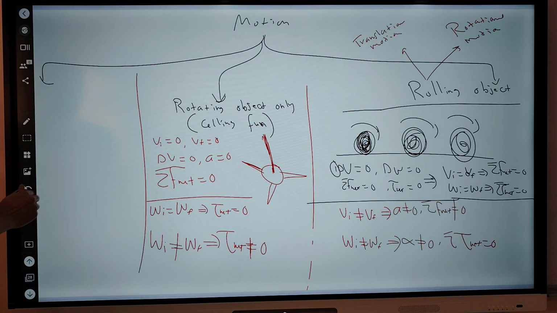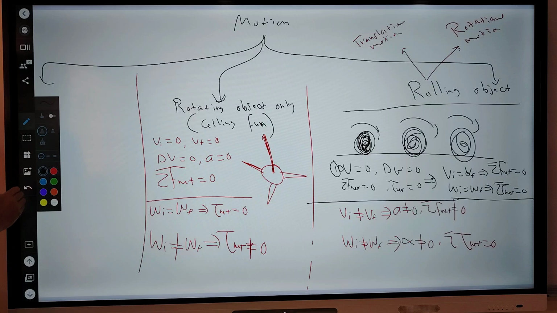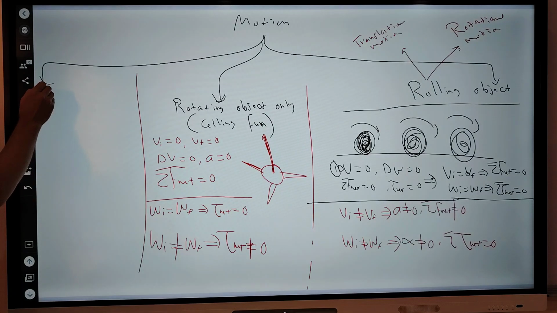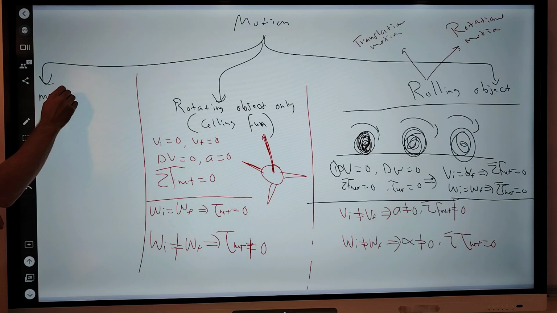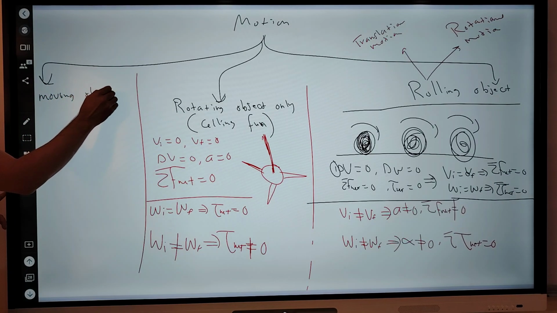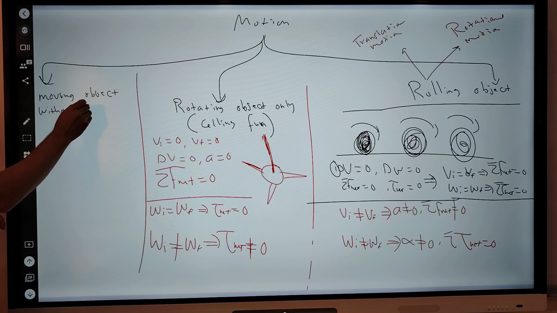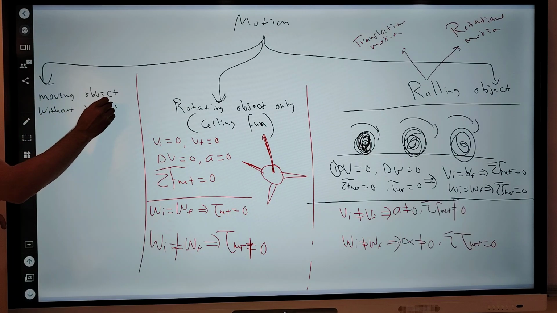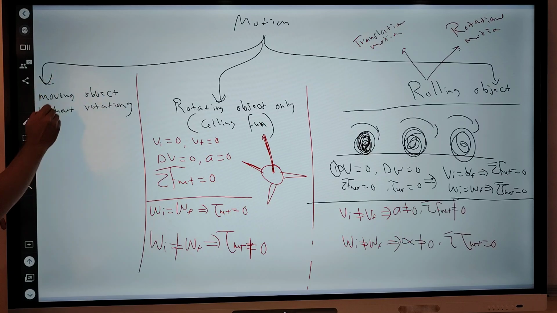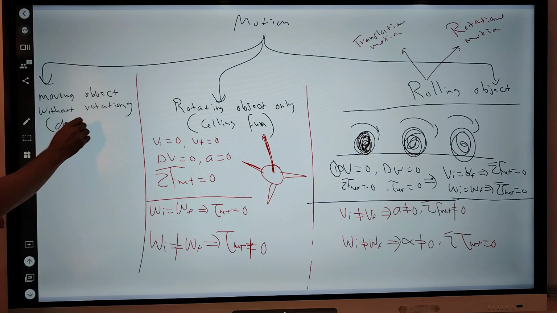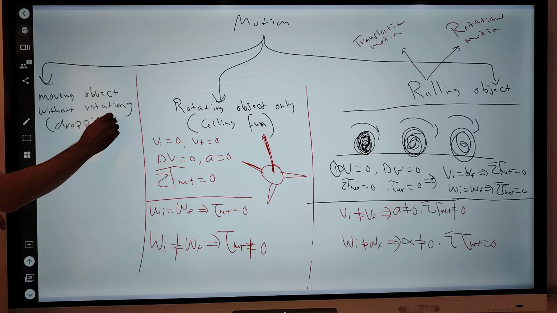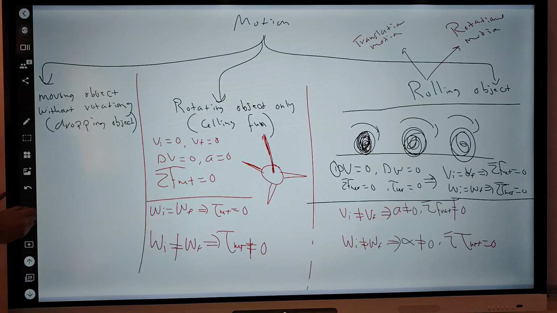The third one is for a moving object without rotating, or you can say a dropping object.